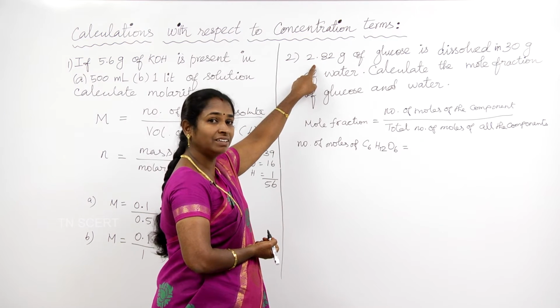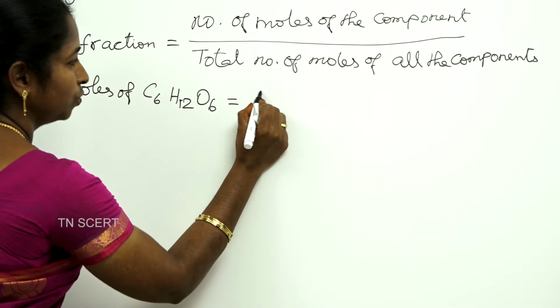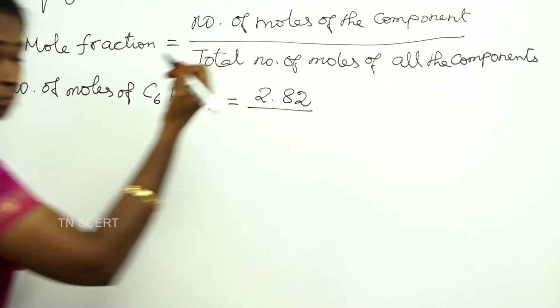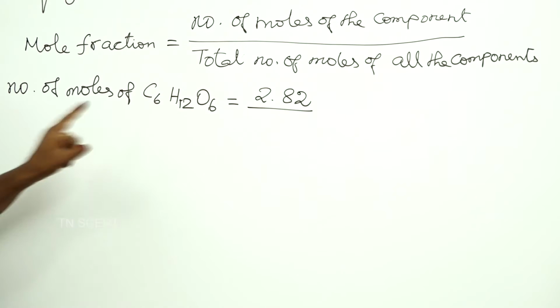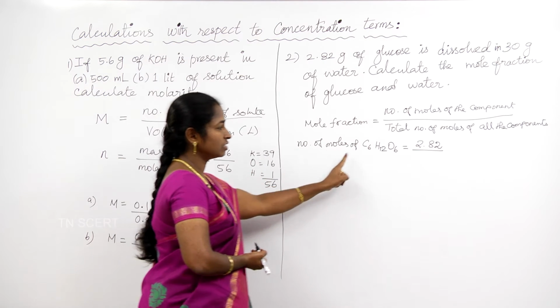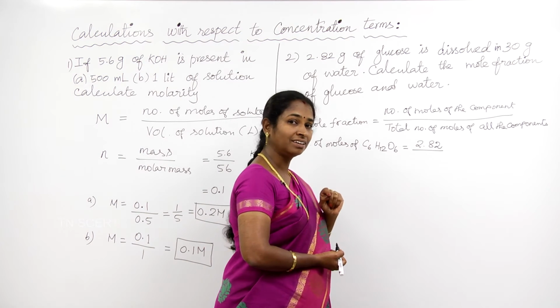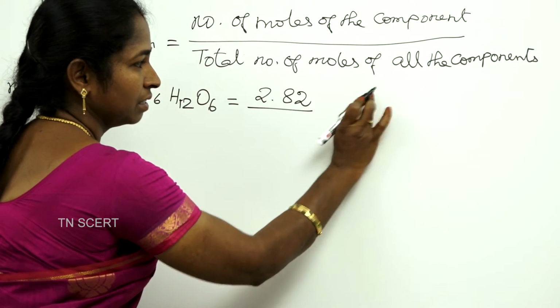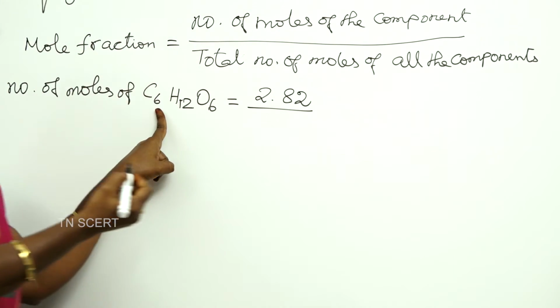What is the mass given? 2.82 gram divided by what is the molar mass of glucose. As you calculated already for KOH, here also you can calculate the molar mass for glucose. The formula is C6, mass of carbon is 12, you know.